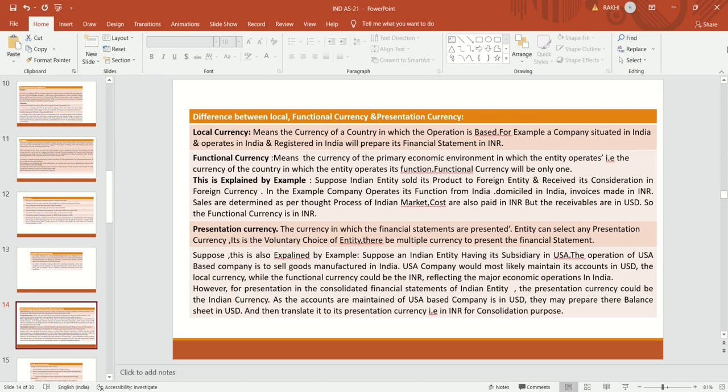Suppose an Indian organization has its subsidiary in USA. The head office, the holding company, is in India and its subsidiary is located in USA, and the operation of the USA based company is to sell goods manufactured in India.